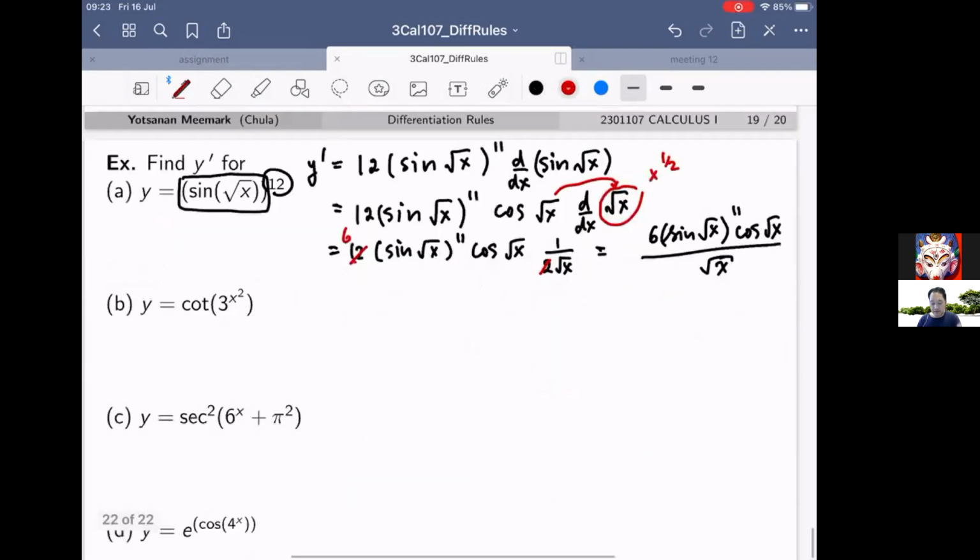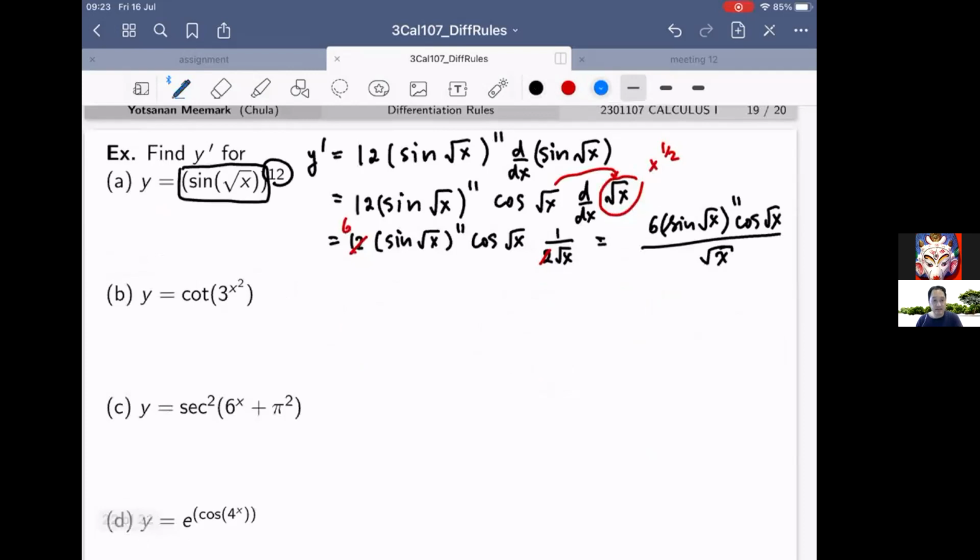So you see you got several insides. You need to look at it carefully. Look at this one. The major function outside is a cotangent. So your y prime is a derivative of the cotangent, which is negative what? Cotangent, it will be a cosecant squared. Is it right? And then a derivative of this one inside. If you look at this one inside, a major function is 3 raised to the power u.